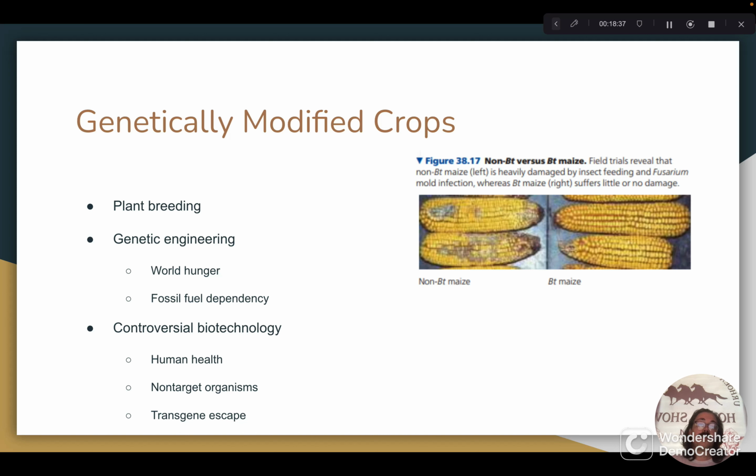There are also concerns regarding non-target organisms. Detractors are concerned that the genetic modification of food crops could potentially pose problems for other organisms that interact with the crops. And the final controversy that we'll talk about regarding biotechnology is transgene escape.